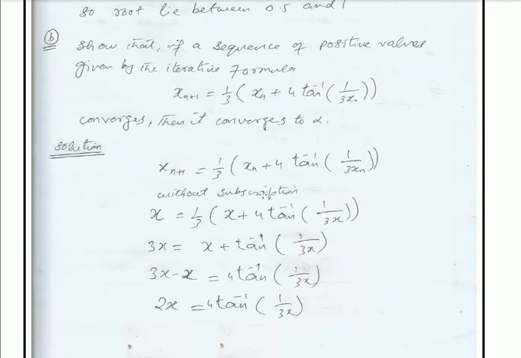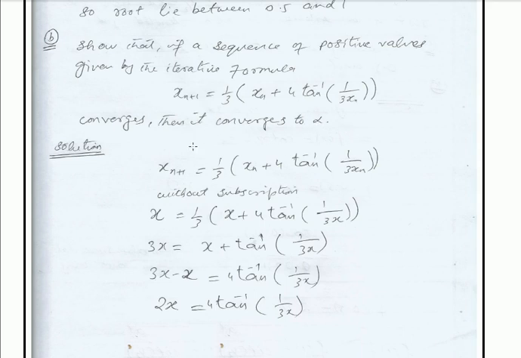For part B, show that if a sequence of positive values given by the iterative formula x(n+1) = 1/3 (xn + 4 tan^-1(1/(3xn))) converges, it converges to alpha. We shall show that if the above iterative formula converges, then it converges to alpha.